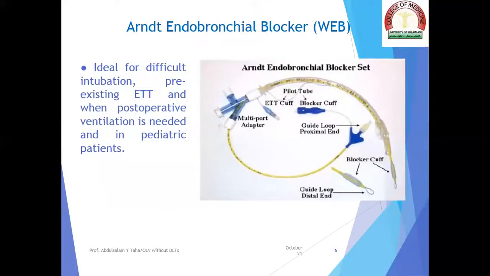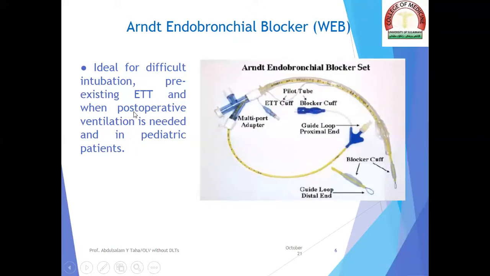The third type of bronchial blocker is the Arndt endobronchial blocker, or the wire-guided endobronchial blocker. This type of blocker is ideal for difficult intubation, when there is a pre-existing endotracheal tube, when post-operative ventilation is needed, and in pediatric patients.